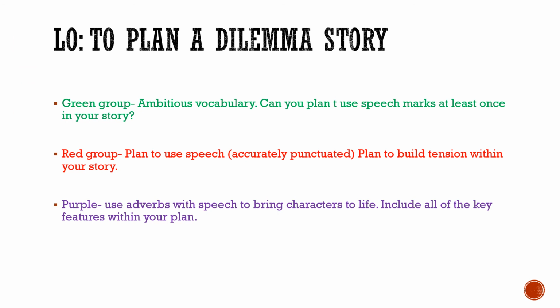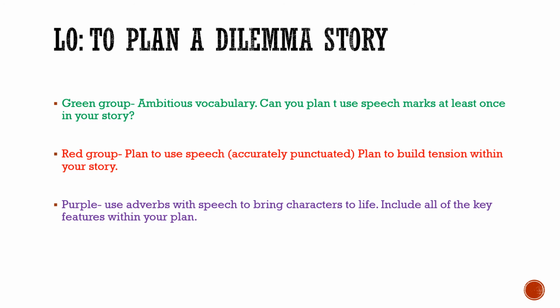So referring back to our learning objective for today, it was to plan a dilemma story. So what am I looking for in your plan? Green group, I'm looking for ambitious vocabulary, and I would like to see these detailed on your plans. And can you plan to use speech marks at least once in your story? Red group, you need to plan to use speech, and plan how you can accurately punctuate this so when it comes to writing it makes it a lot easier, and plan to build tension within your story.